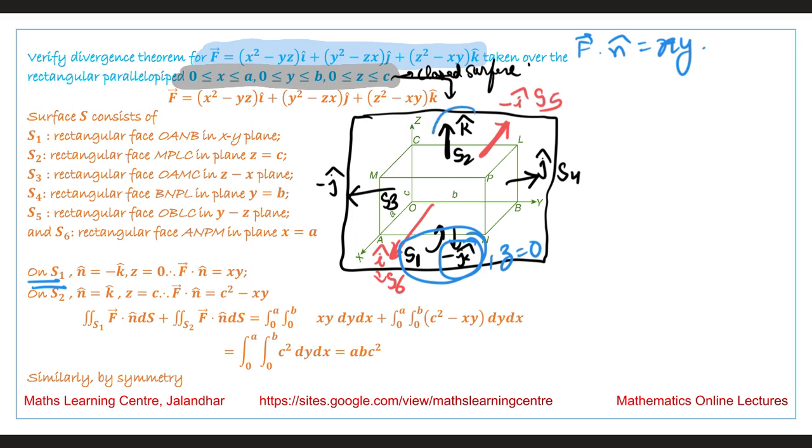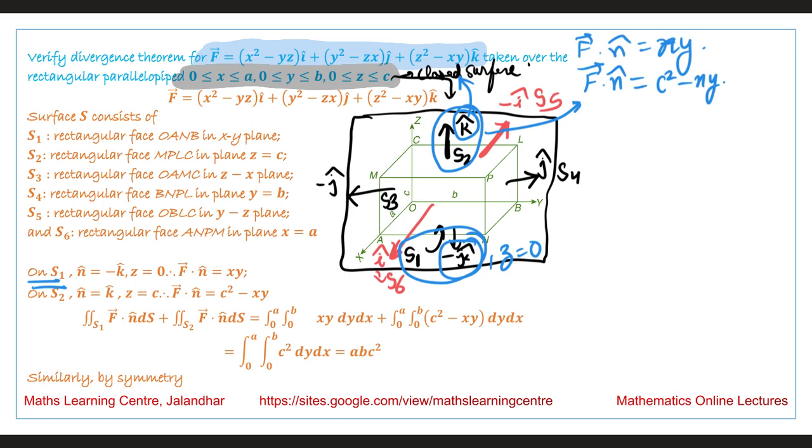When we are talking about S2, we have k cap over here. You take the dot product, and on S2 we are writing f vector dot n cap will be equal to, again xy, and the value of z is c. So we are writing it is c square minus x into y.